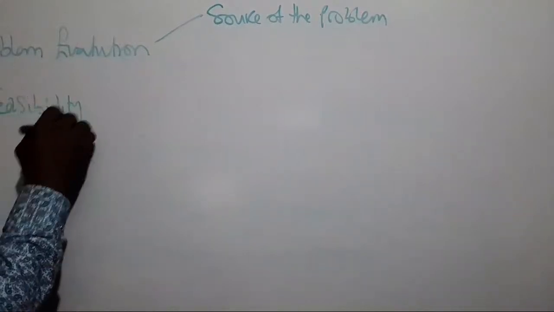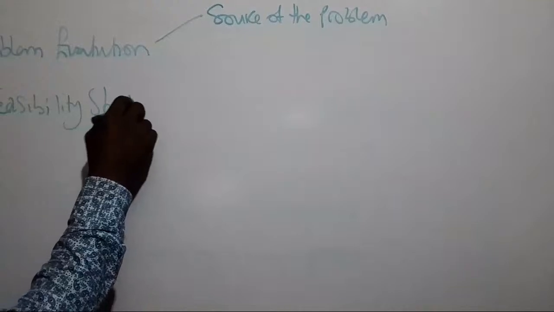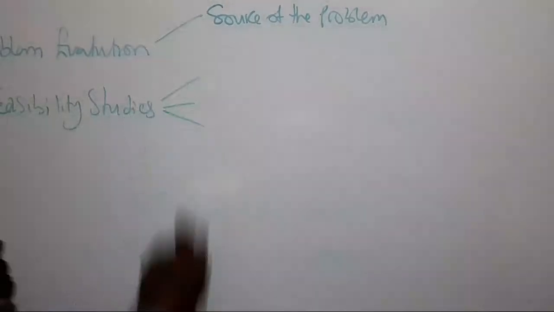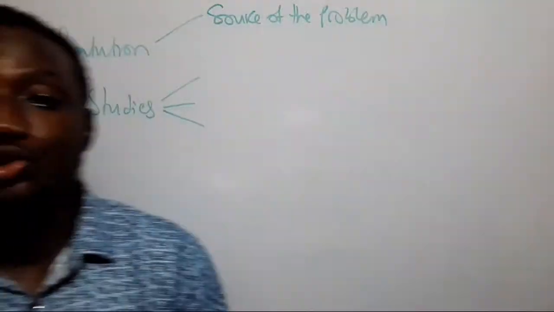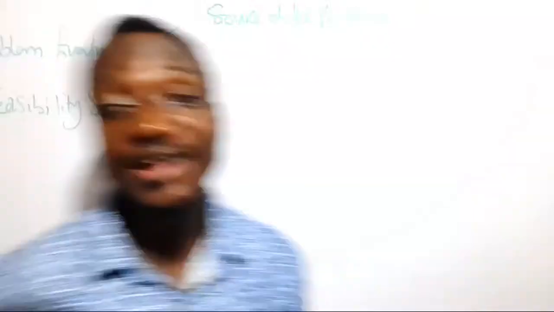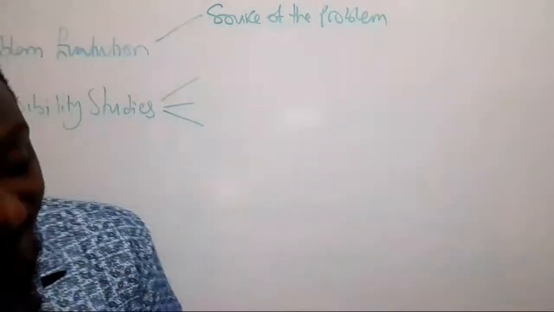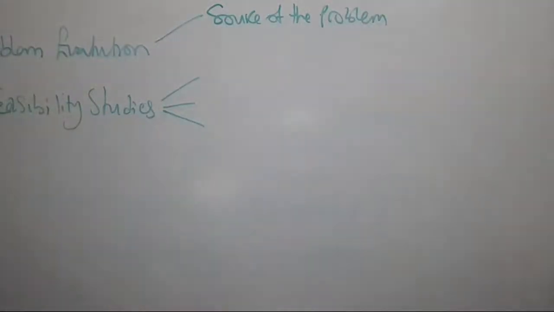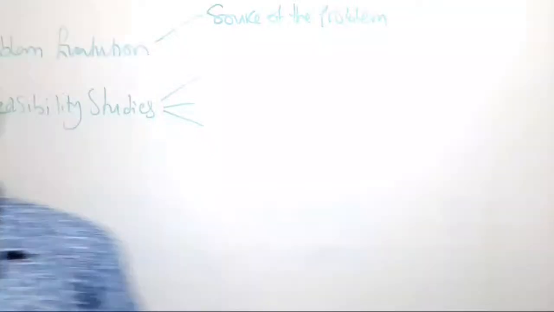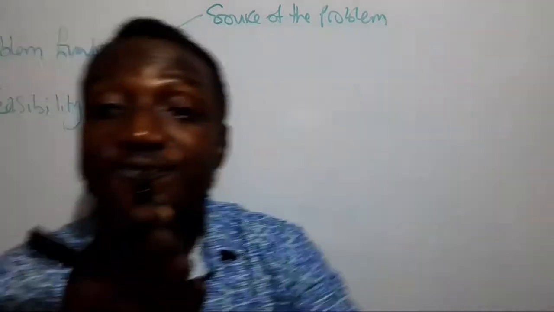Now, for those of us who have done or come across courses like CIT212, not in this level, courses like entrepreneurship and business, any course that has to do with business, you should have come across this word, feasibility. So when we say feasibility, what are we referring to?